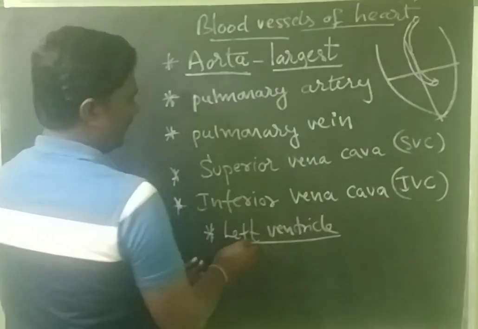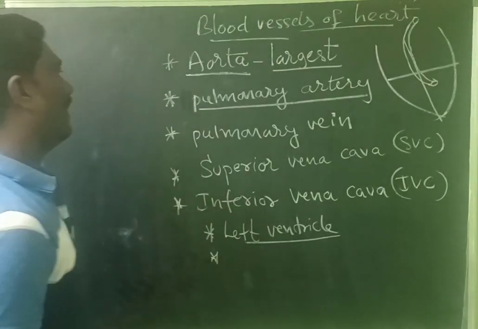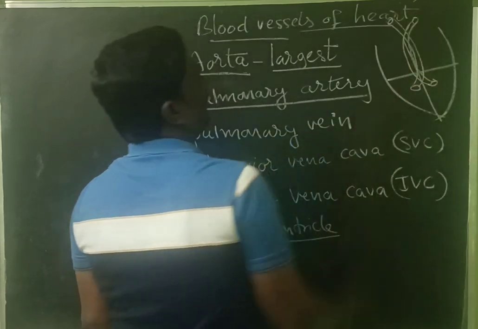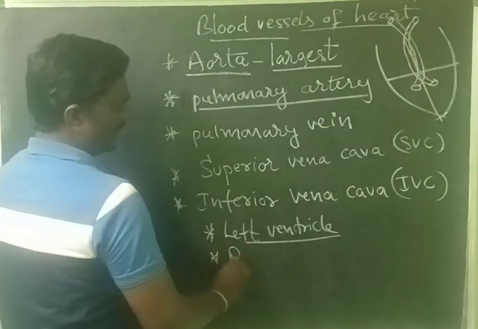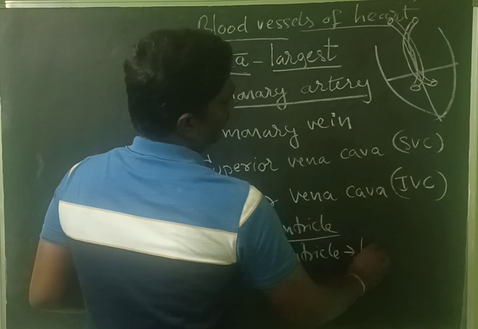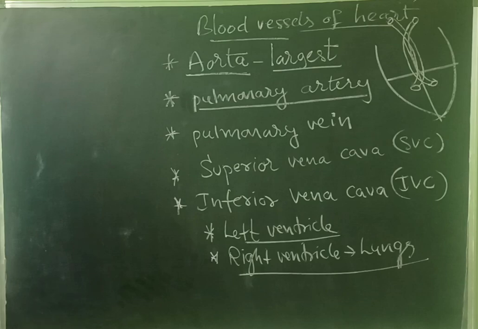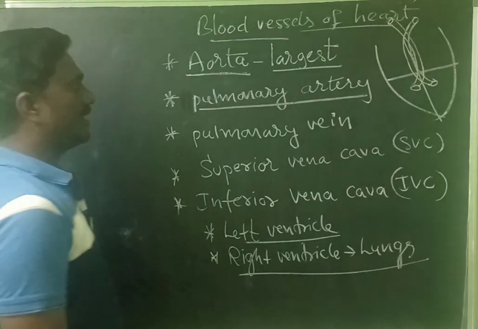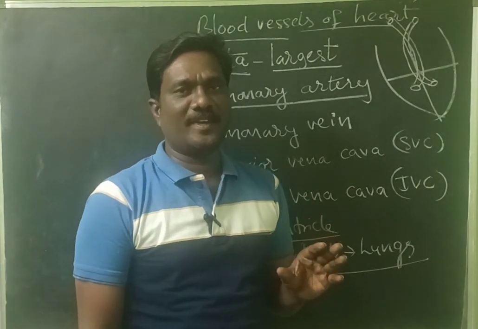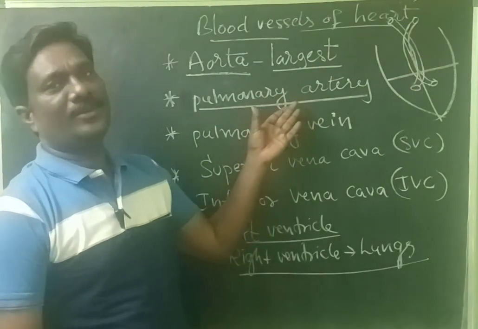Next one is pulmonary artery. This is from the right ventricle to the lungs. Here you have to notice that all arteries supply pure blood, but this pulmonary artery has impure blood.